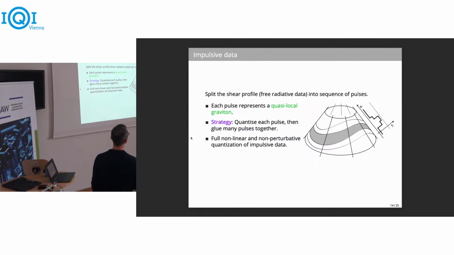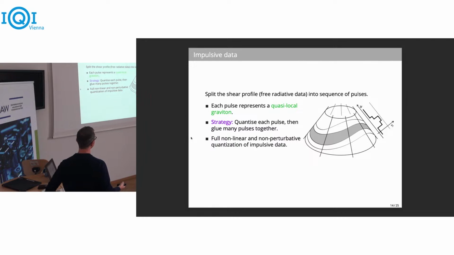The idea is now to do this truncation and quantize each such pulse separately. And then what do we need to do to quantize an arbitrary profile? Well, we just take the tensor product. For each of these pulses, there will be a Hilbert space. So if we want to quantize a more general profile, we would take the tensor product of many such Hilbert spaces and trace over the intermediate boundary modes or edge modes.